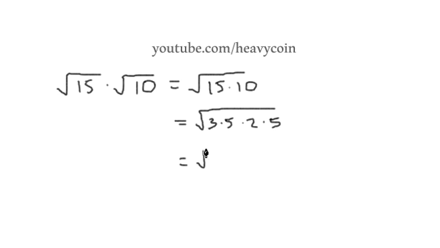In other words, this could be rewritten as 3 times 2 times 5 squared. Now, if I were to break this up, this 3 times 2, there's nothing we can do with that. So I'm going to say that's 6, and the square root of 5 squared.